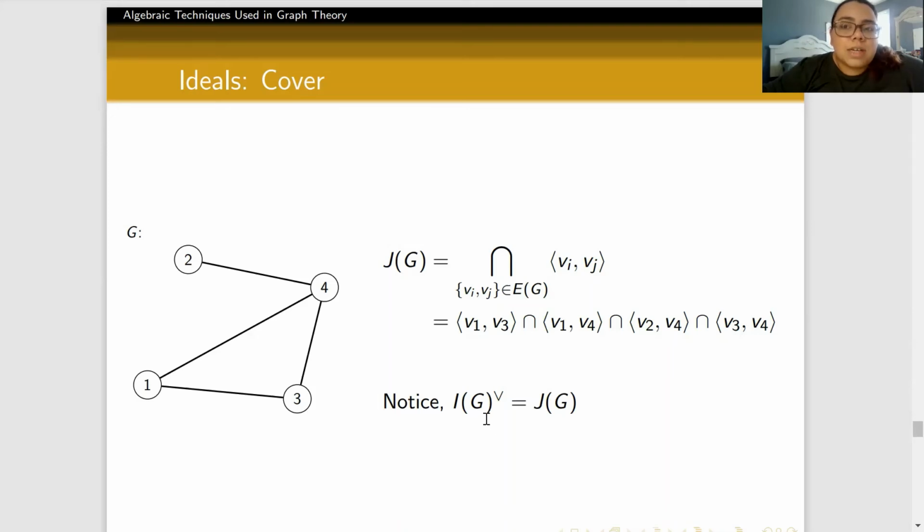And that tells us that the edge ideal is the Alexander dual of the cover ideal, where the Alexander dual is an operation that's denoted by the V symbol, and that's taking an ideal and going from the generators of that ideal to its components.